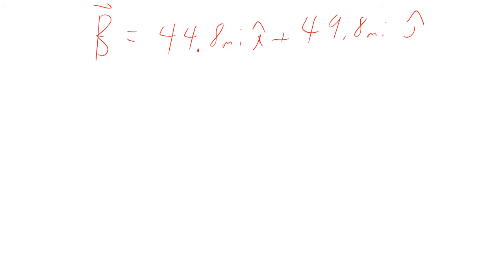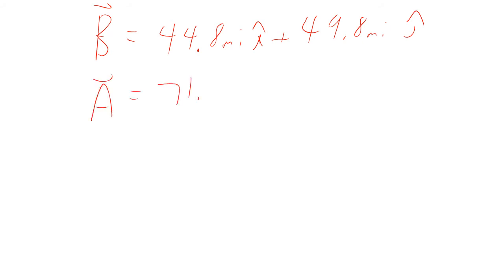We can start with, for example, vector B. If you work that out, you should get 44.8 miles i plus 49.8 miles j.